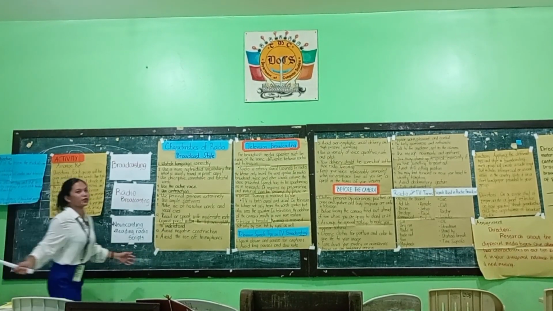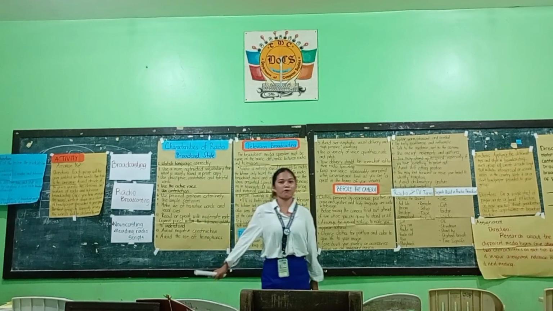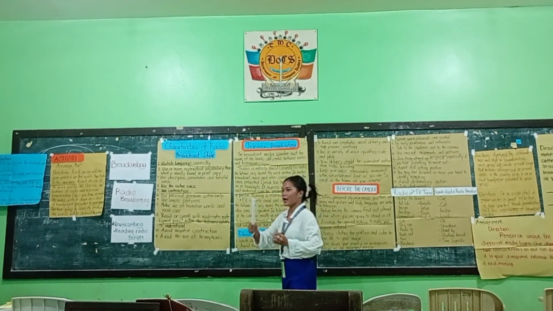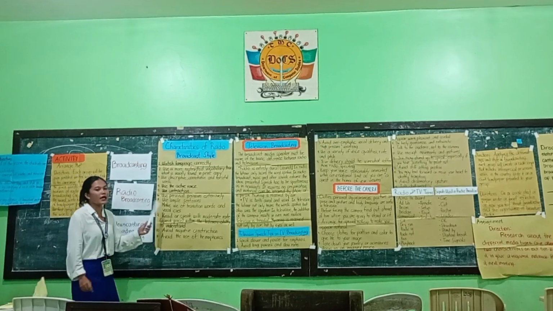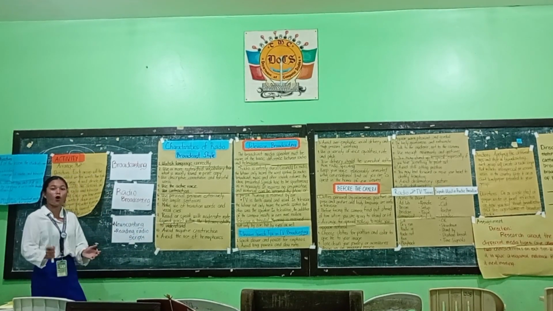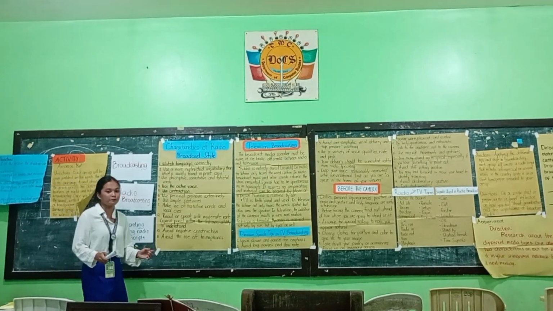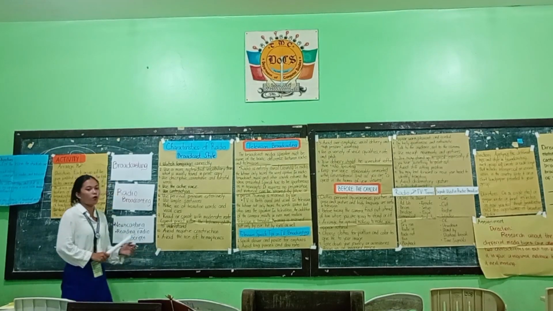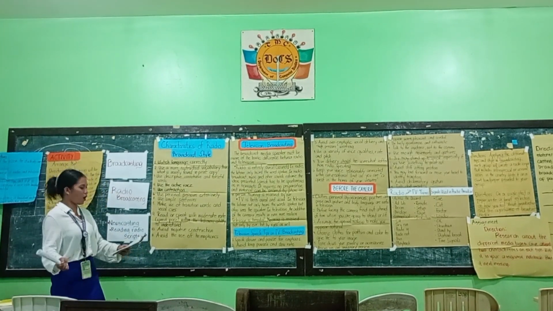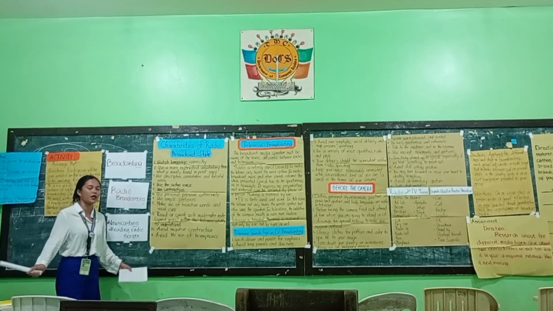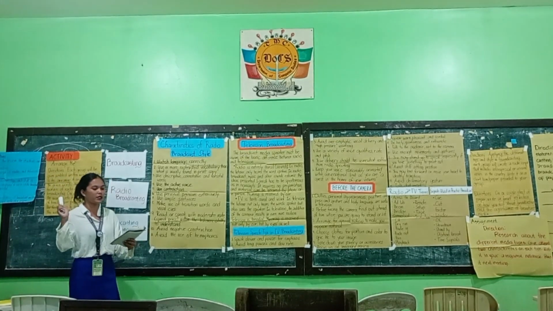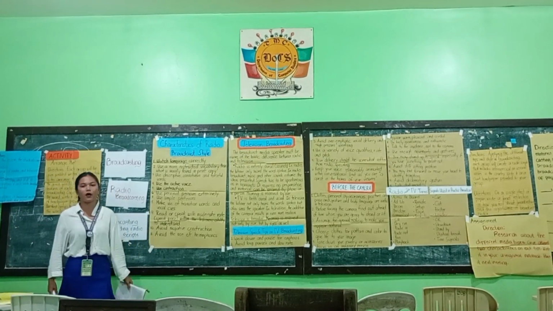Good afternoon, class. Our topic for today is all about? Very good, it is broadcasting. Broadcasting is the distribution of audio or video content to a wide audience. It involves transmitting information, entertainment, or messages over a variety of mediums, including radio and the internet.